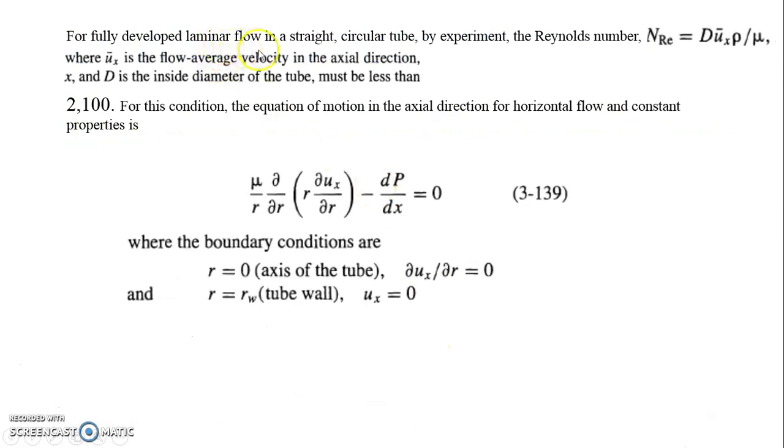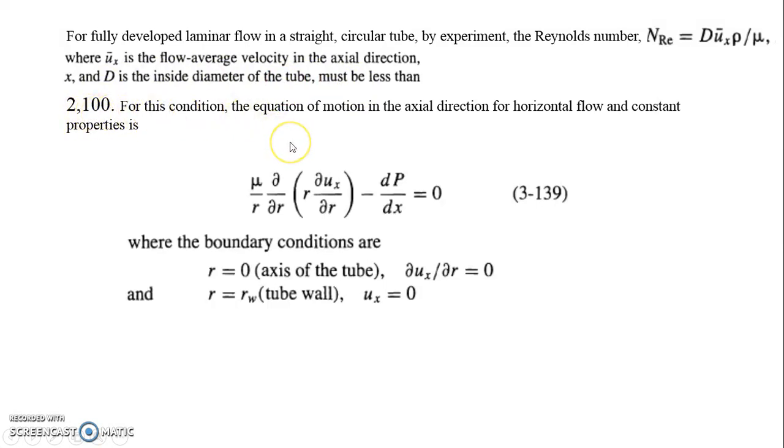For fully developed laminar flow in a straight circular tube, at condition E, the Reynolds number is denoted as NRe equal to D ux rho over mu, where ux is the average flow velocity in the axial direction and D is the inside diameter of the tube, and NRe is less than 2100.